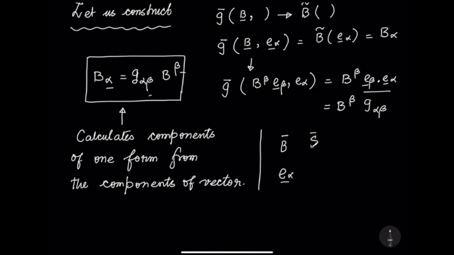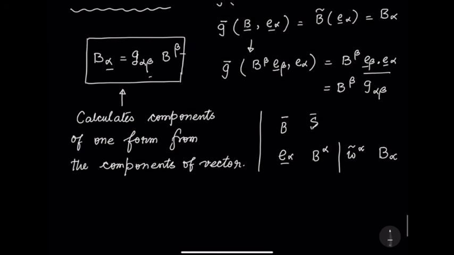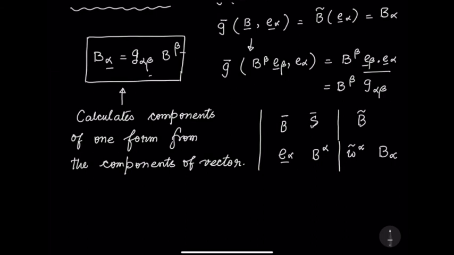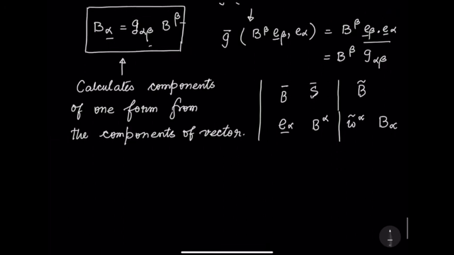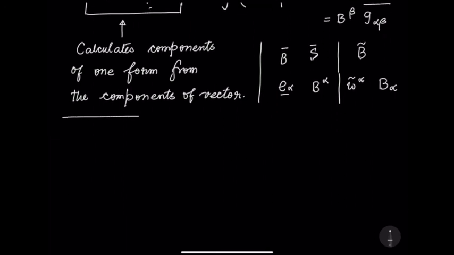Given the coordinate system, I can associate the basis vectors, the components of the vector, the basis 1 forms, and the components of the 1 form. So for every vector, there is also a 1 form associated with it. Let us look at these and their transformation properties in a little more detail, and that is where we will stop today.